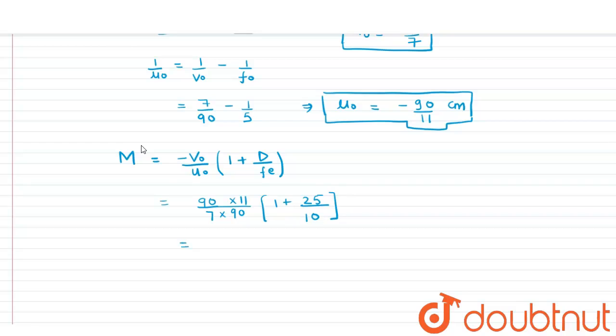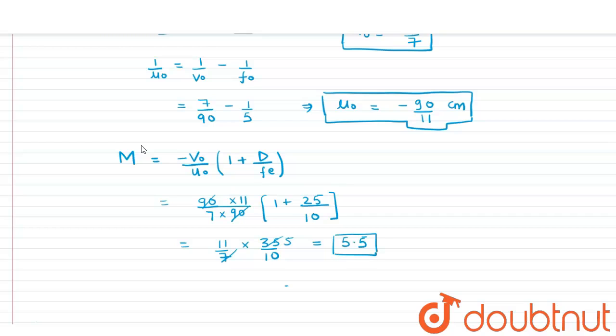Putting all the values and solving, the 90 gets cancelled, giving 11 upon 7, and by taking LCM, the bracket becomes 35 upon 10, that is 3.5. So the final is 5.5. So the magnification of the compound microscope is 5.5.